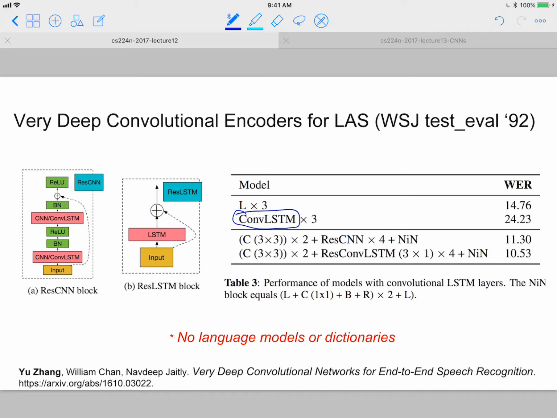Oftentimes I see papers having names like CNN-RNN or maybe RNN-CNN, or LSTM-CNN, or things like that. So they really combine those different model architectures in their own manner. But in this Conv LSTM, I just briefly looked at the paper and figured out what this Conv LSTM is.